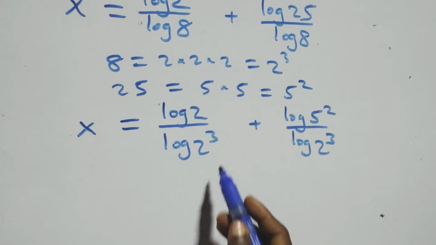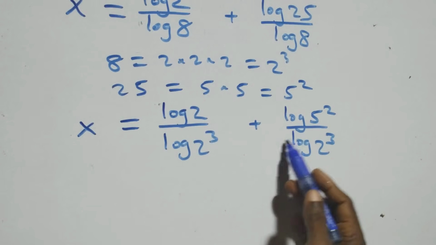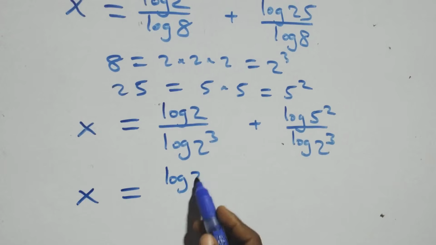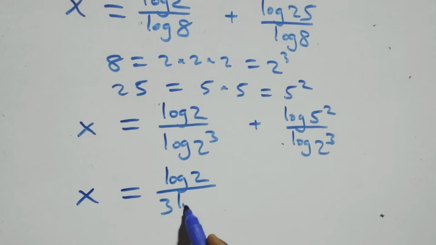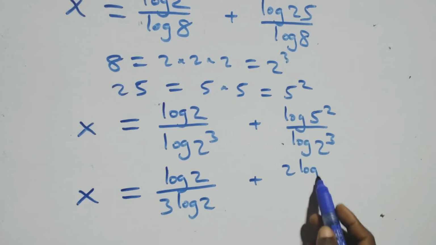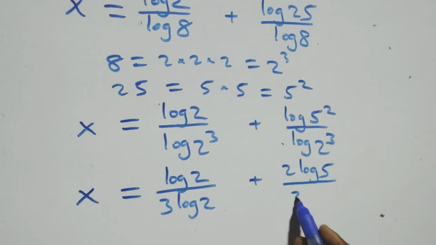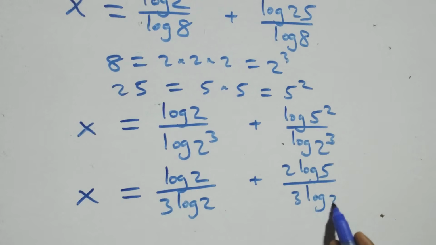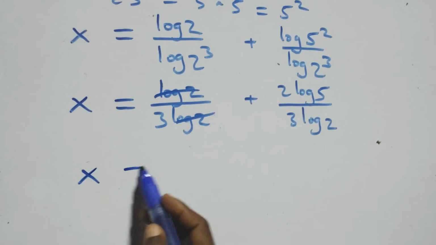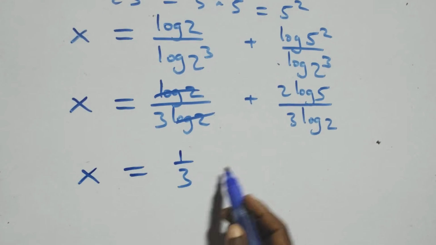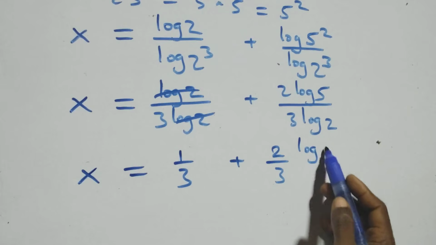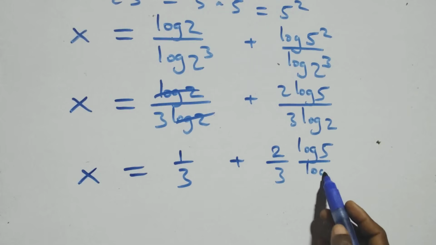Here we apply the power law of logarithm. 3 comes there, 2 comes there, and also 3 comes there. We have x equals log 2 over 3 log 2 plus 2 log 5 over 3 log 2. Here, log 2 cancels out, and we have x equals 1 over 3 plus 2 over 3 times log 5 over log 2.